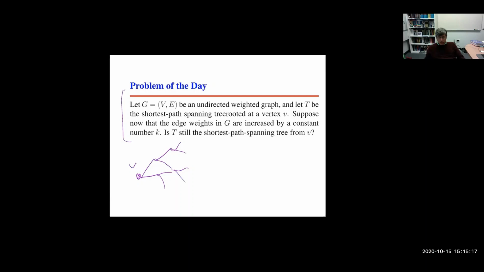Is T still the shortest path spanning tree? Did everybody get that idea? I have found the shortest path from V to everybody else. Now I add a certain amount to every edge, the same amount to every edge. Is that going to still be the shortest path spanning tree?